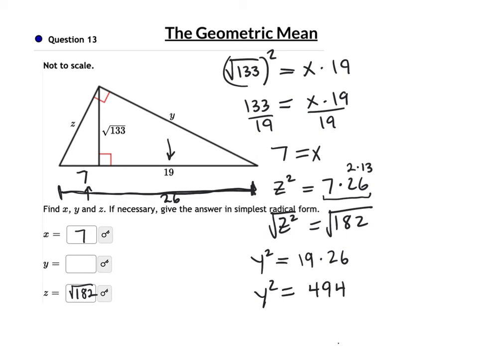And again, we can tell right here that there are no perfect squares in 494. 19 is a prime number. The only factors of 19 are 1 and 19. 26 is 2 times 13. And 19 times 2 times 13, there's no perfect squares there. No number times itself. So when I take the square root of both sides, there's nothing I can do with that. And this is just the square root of 494.